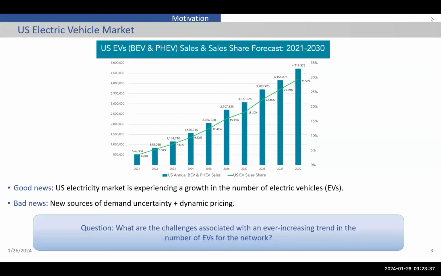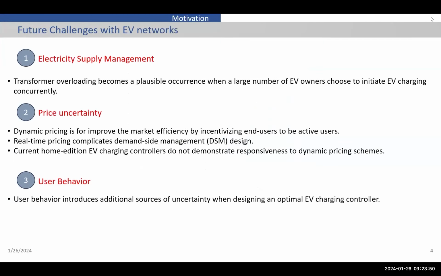So the question that we want to solve is, what should we do if the number of the EVs increases in the system? How can we control it? The challenges related to the EV networks can be categorized into different subcategories.